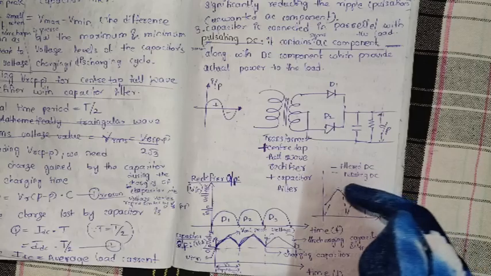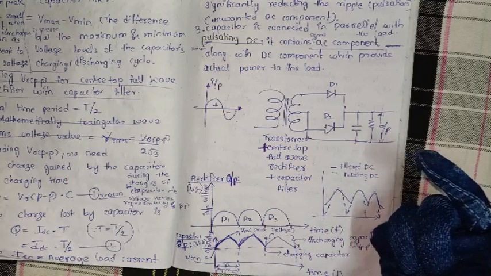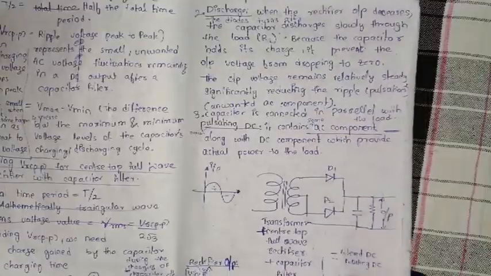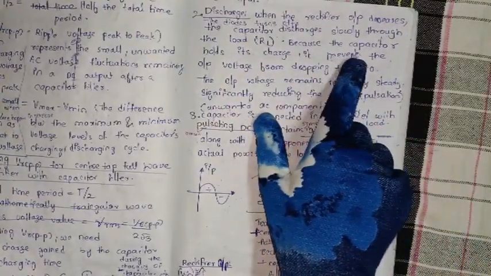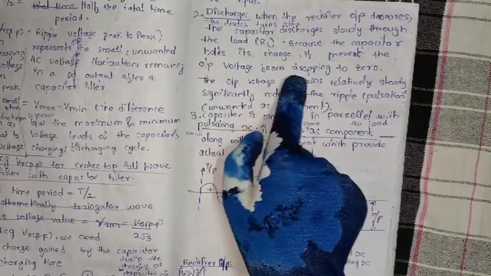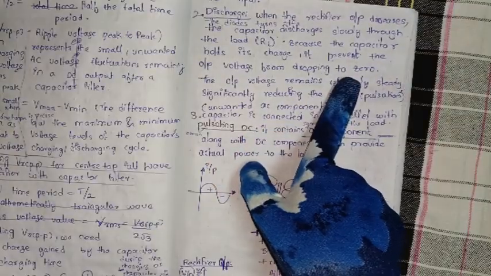Through the load means it discharges to the load. Then, because the capacitor holds its charge, it prevents the output voltage from dropping to zero.